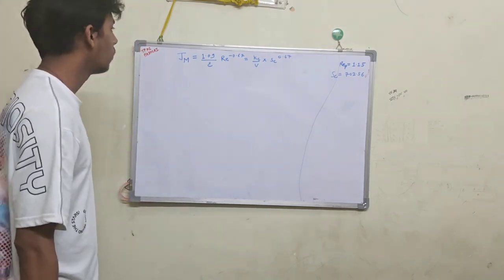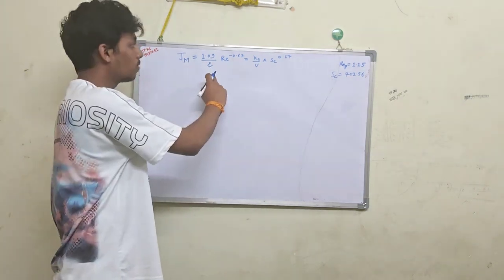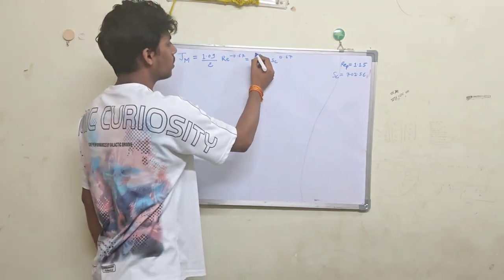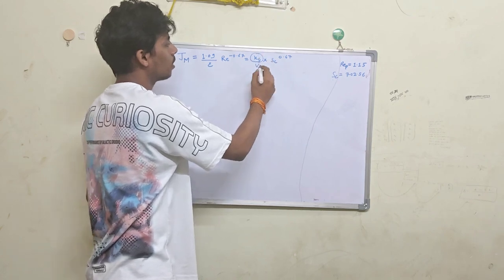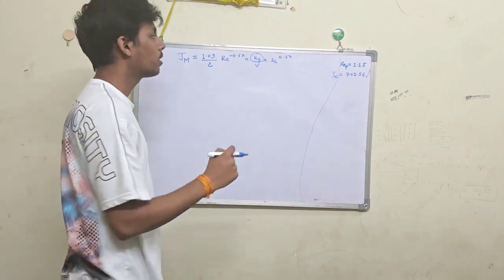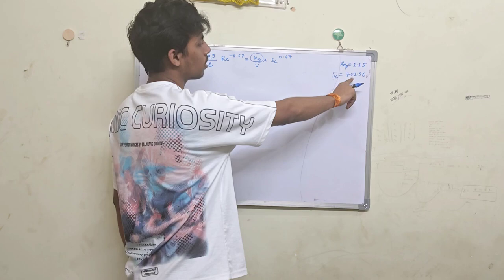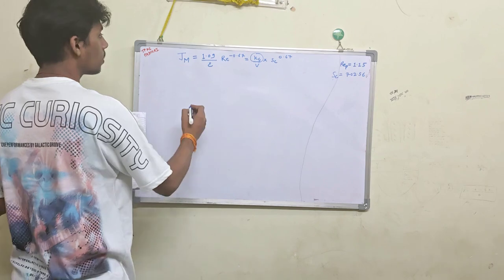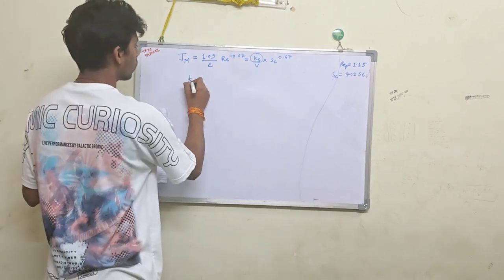Now in here we know all the values. Void fraction we know. Reynolds number we just calculated, 1.15. This Kc is unknown, which we have to find out. Velocity we have calculated, volumetric flow rate divided by cross sectional area. Schmidt number value is 702.56. So without a delay, let's calculate the Kc value.